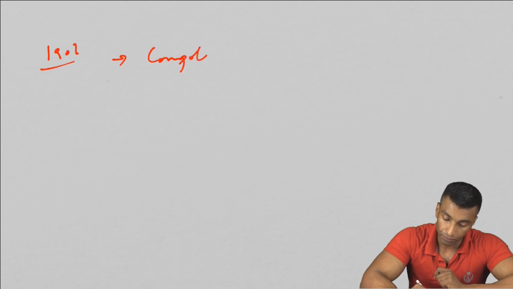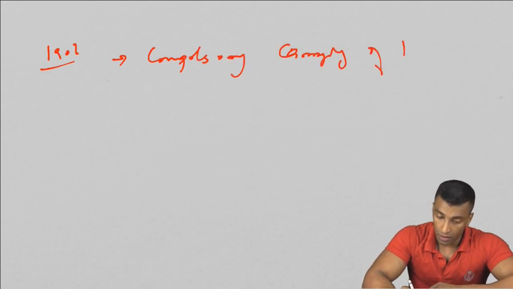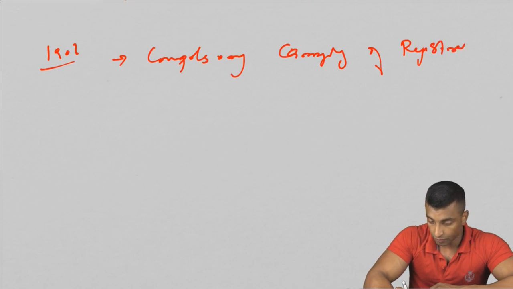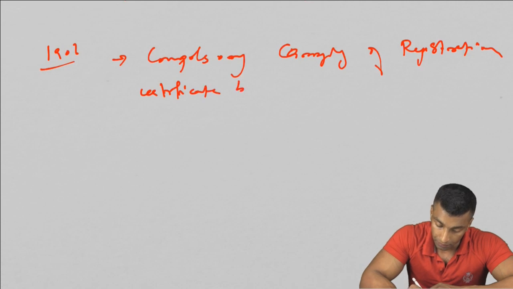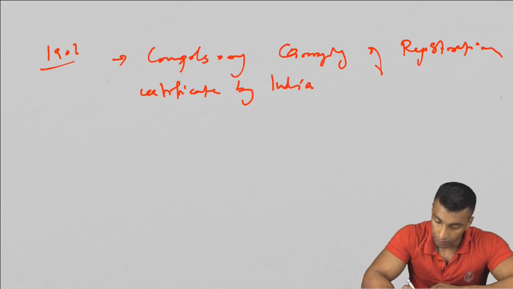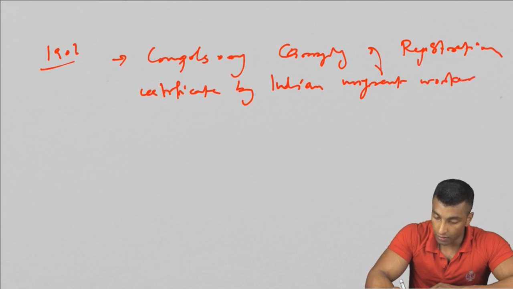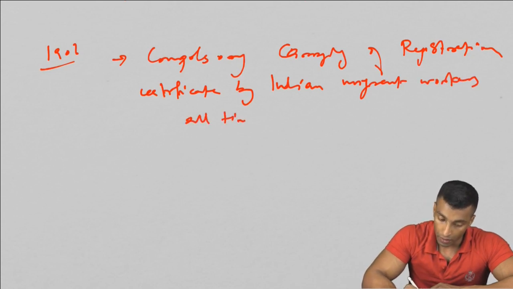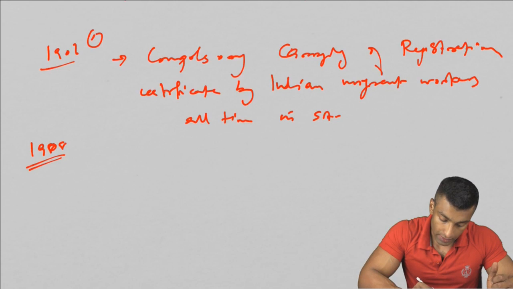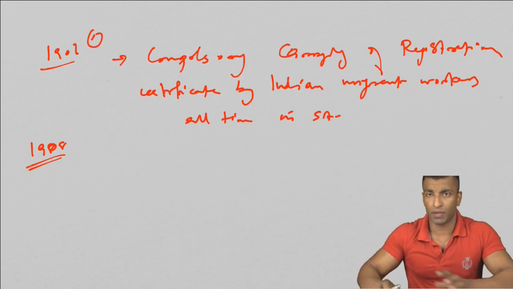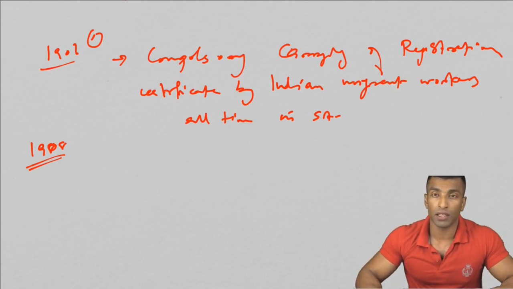So this is compulsory carrying of the registration certificate by Indian migrant workers all the time in South Africa. This is the first issue. We will discuss the first issue after some time. Let me complete the 3 major issues.